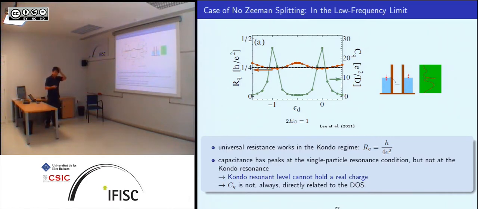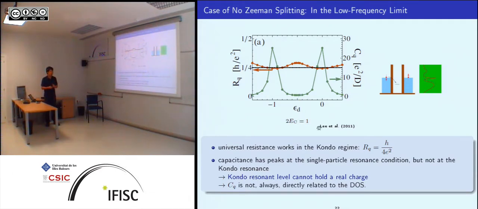Then by following the mean-field interpretation of the capacitance, we should have very large capacitance here, but in reality, in our calculation, we have very small capacitance.